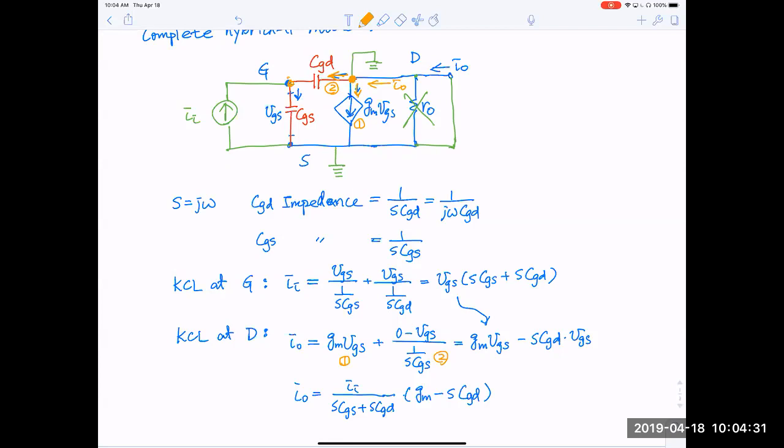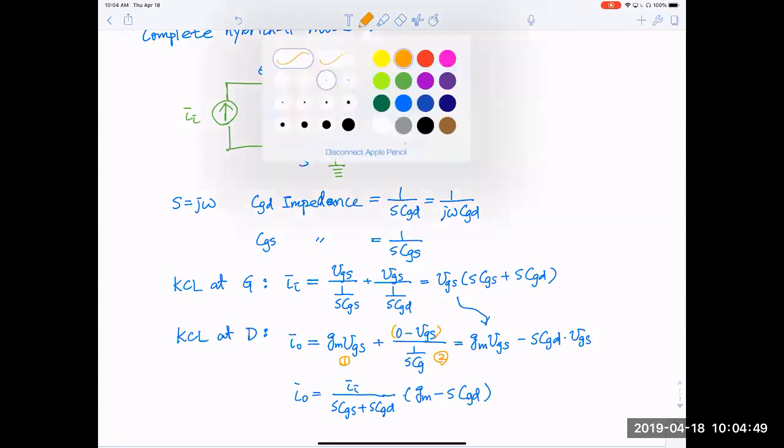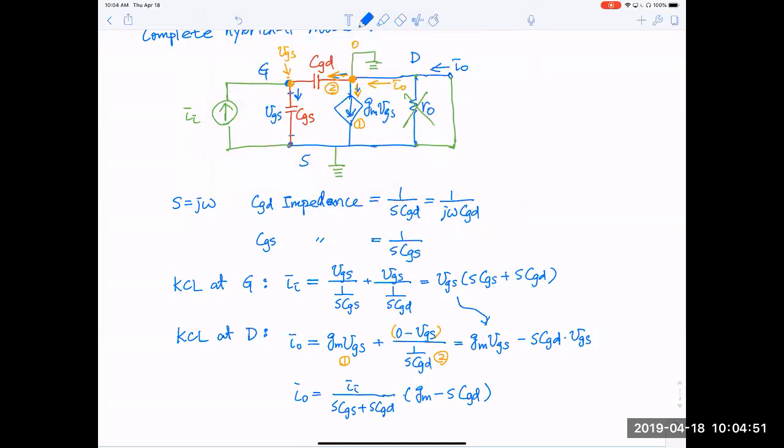The voltage here is VGS, right? And the voltage here is 0. So I have 0 minus VGS here. CGD, sorry, you called me on a mistake, sorry. Yes, you're right. This is CGD and CGD, actually. The rest of the equation is correct.